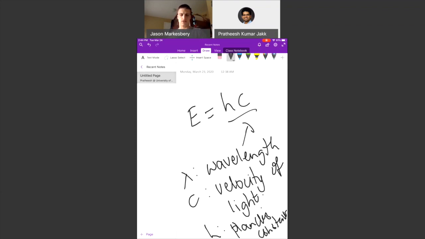So my question about the equation is, is that the same thing as saying that energy is equal to Planck's constant times the frequency? Correct. Okay, so c over lambda would be frequency. Correct. h nu. So E equals hc over lambda, that is also equal to h nu.